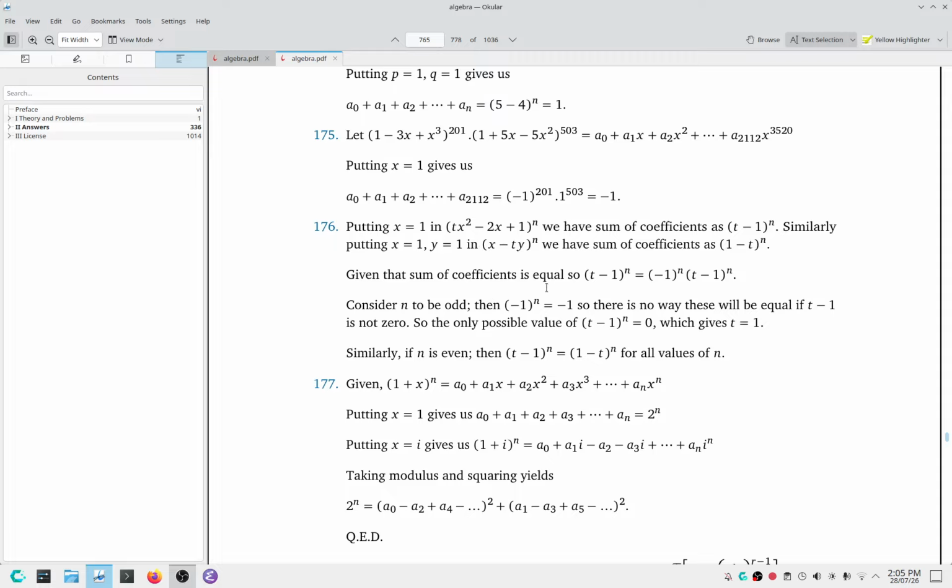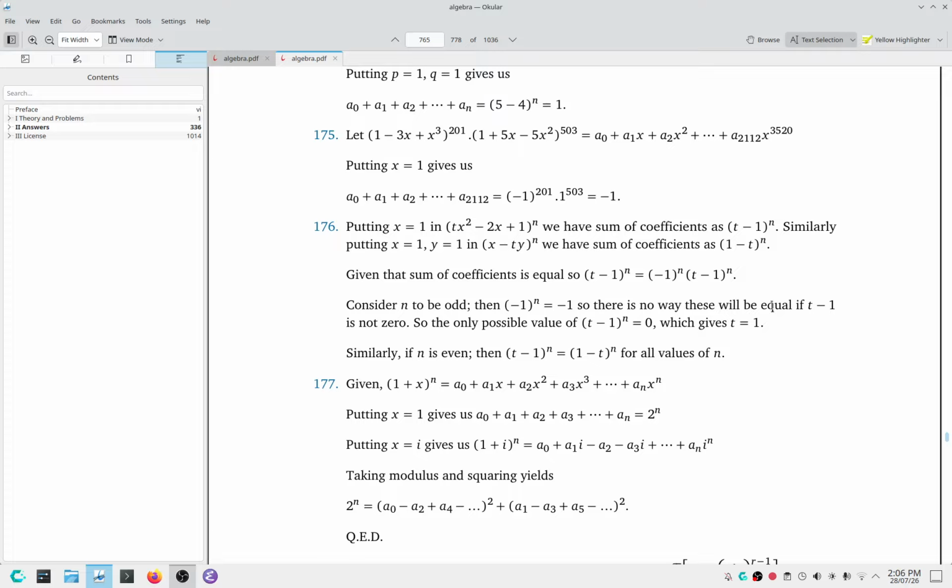Now given that the sum of coefficients is equal, we can write (t - 1)^n equal to (-1)^n (t - 1)^n. So here n would be an even number. Now, hang on, considering n to be odd. Yeah, so n is even. So this is possible. Wait, consider n to be odd, then (-1)^n is equal to minus 1.